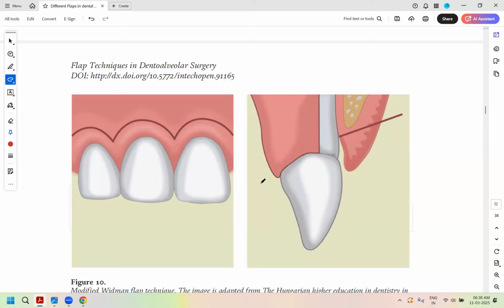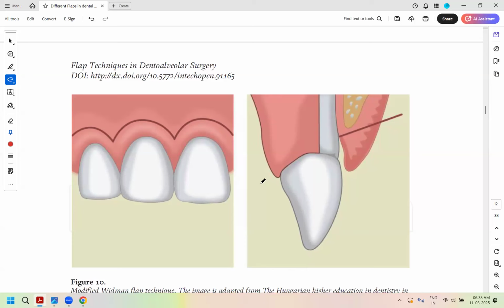Sanjeev, Lata, the lateral pedicle will not be full thickness, it would be partial thickness. Can you make lateral pedicle full thickness and expose the bone on the donor side? Tell me. No, right? You will not expose the bone on the donor side. That is why partial thickness on the lateral pedicle and double papilla.